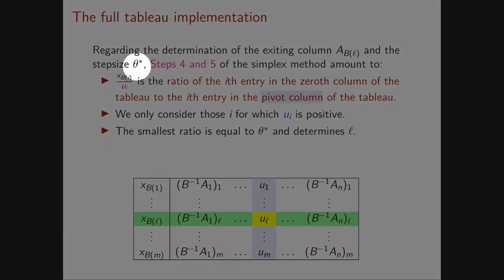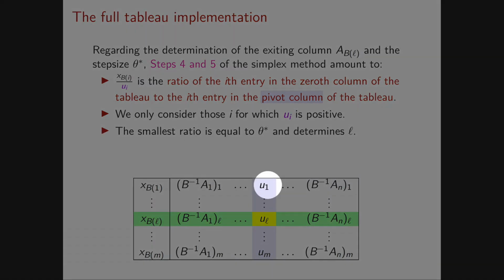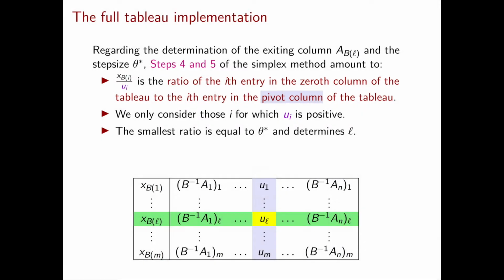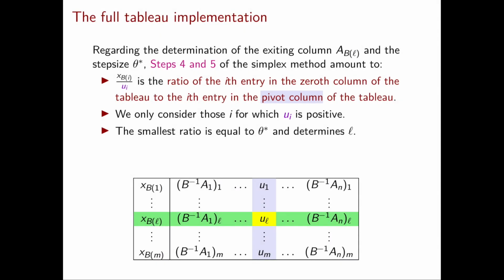Now, in the definition of theta star, we're not considering all of these ratios, but only those which have a u_i that is positive. And again, the u_i can be found in the pivot column. Now, the smallest ratio that defines theta star determines l, which is then our pivot row.